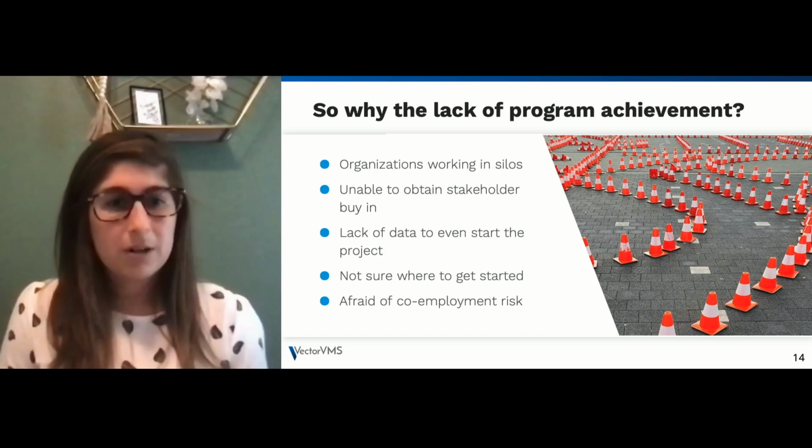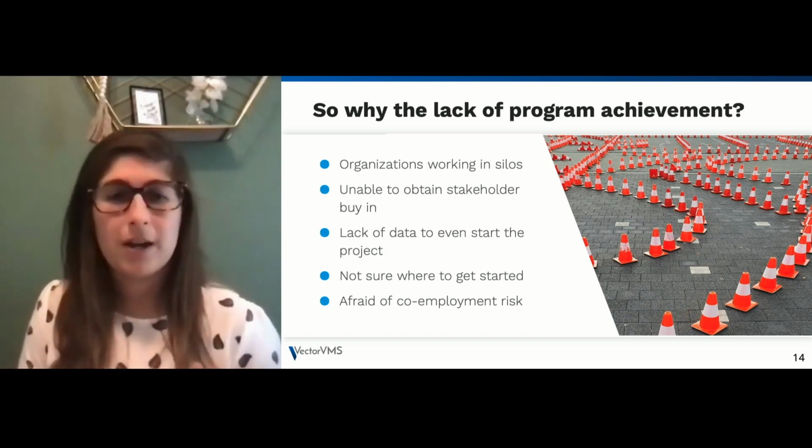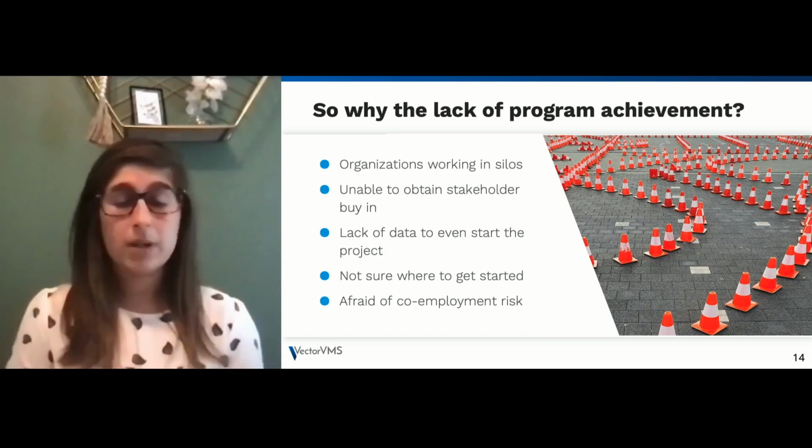The last reason we hear is just the fear of co-employment. I think this fear has been around for a long time. It's this lingering idea that managing your workforces together is automatically a red flag, co-employment risk. And what I think people fail to realize is the actual likelihood of that co-employment is very low.